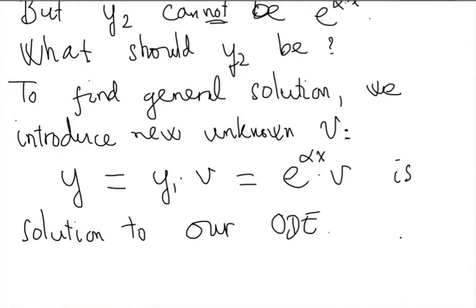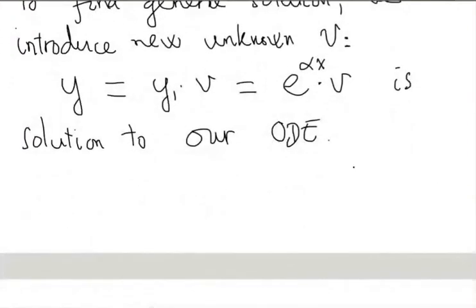Basically v is y divided by y1, which is y divided by e to the alpha x. But we write it in this way. We want to determine v for which y is a solution.